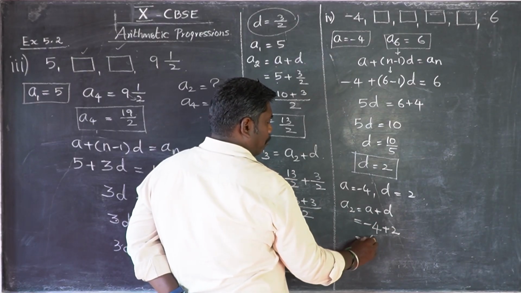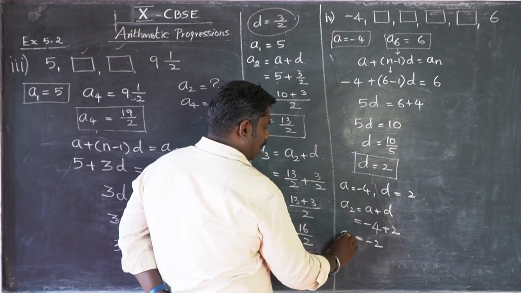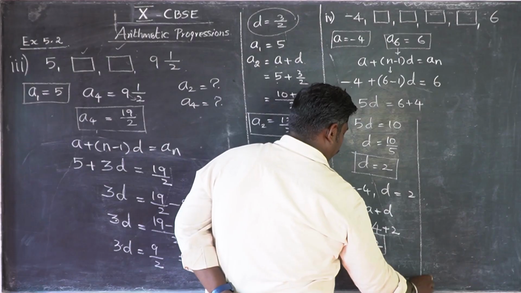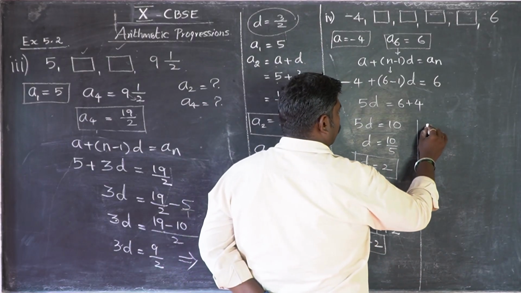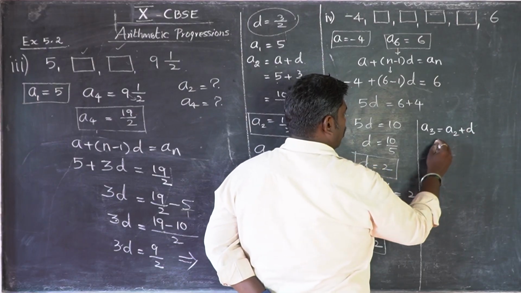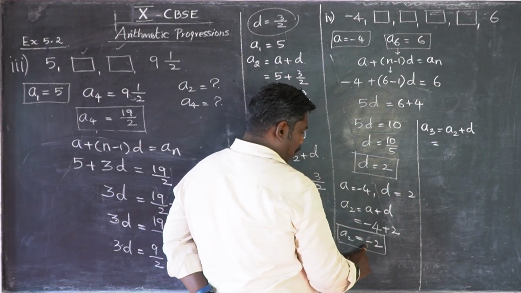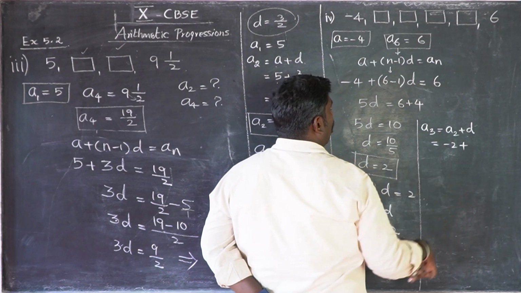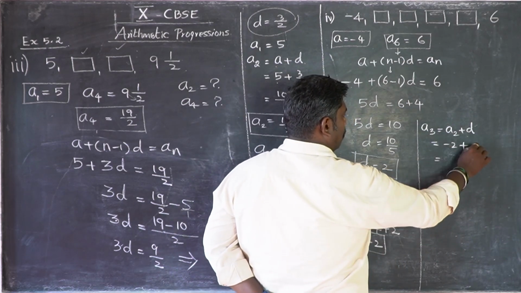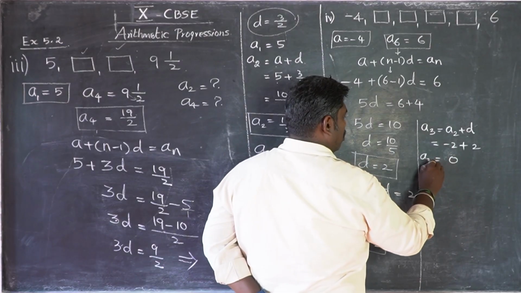Minus 4 plus 2 becomes minus 2. This is the second term. Okay. And then third term. Third term is equal to second term plus common difference. Second term is minus 2, common difference is plus 2. So minus 2 plus 2 becomes 0. So this is the third term.